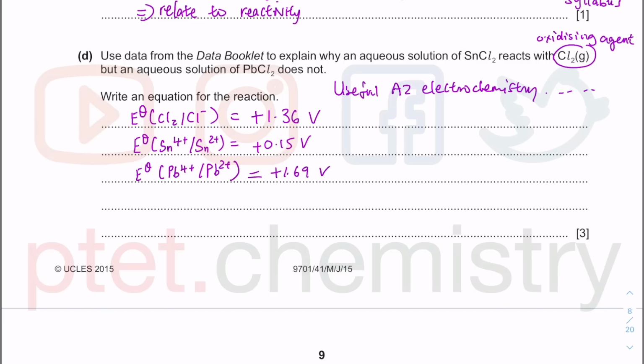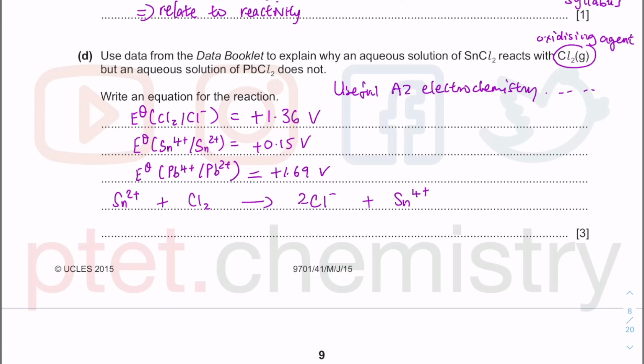We are saying that there is a reaction between Sn2+ and Cl2. What we're going to get will be Cl minus and Sn4+.